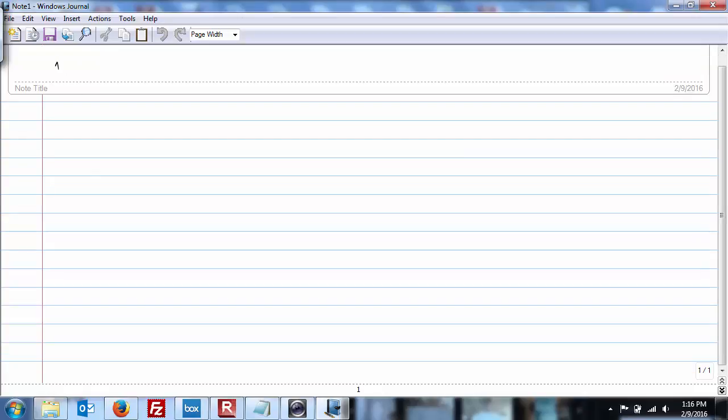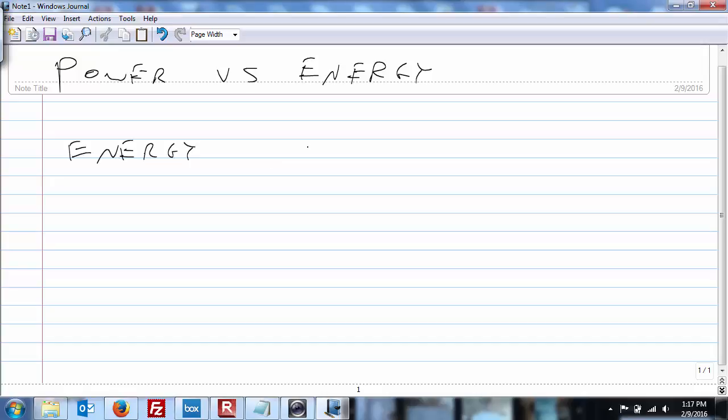So let's just start out with power. Excuse my handwriting, I'll try to make it large, versus energy. First of all, give me some units of energy. Let's just start there. Okay. We've got joules. Meters per second, that's velocity.